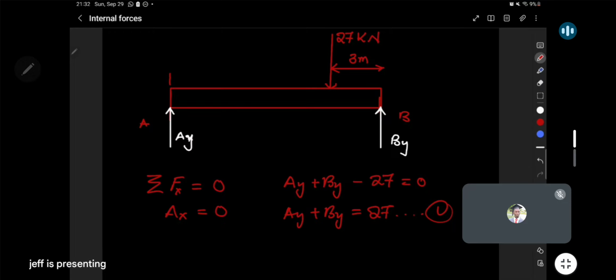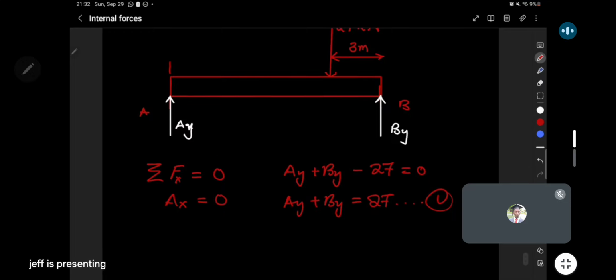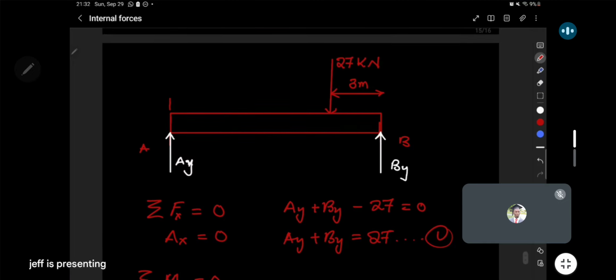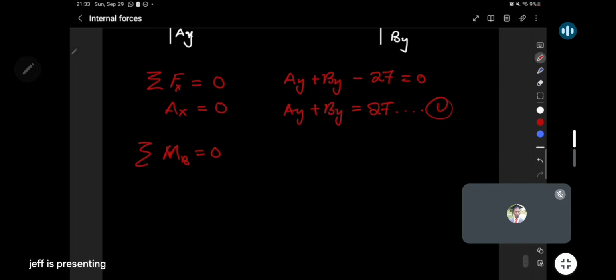Now to find one of these, we're going to take moments. So let's take moments about point B and equate to 0. We see that if we take moments about B, the 27 will be causing an anti-clockwise rotation, so it will be 27 by 3.